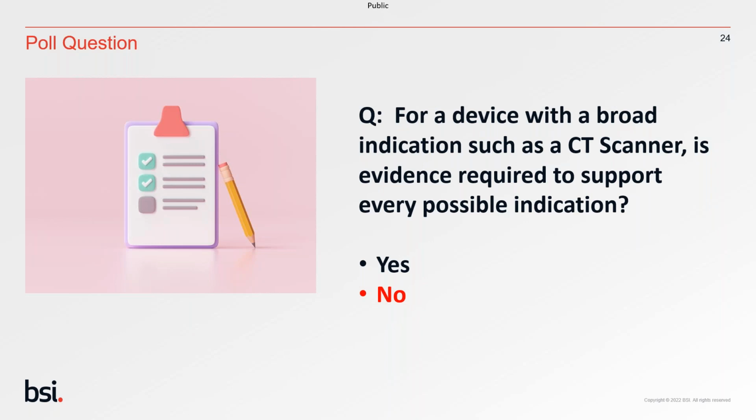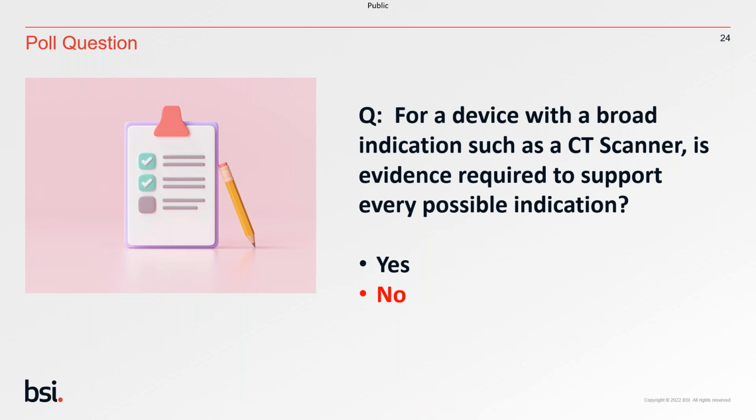And I think the reason we say that is that, if you think about patient populations and indications, if you have a CT scanner that is looking for a certain type of bleed, are you going to have evidence for every single age of patient?